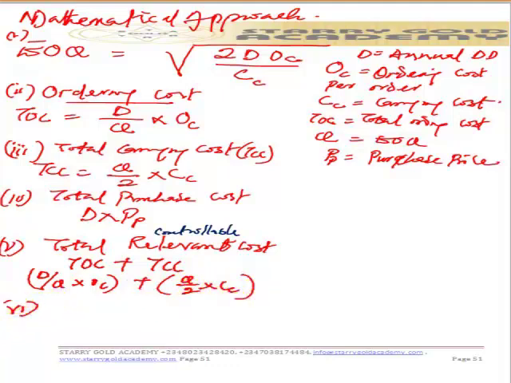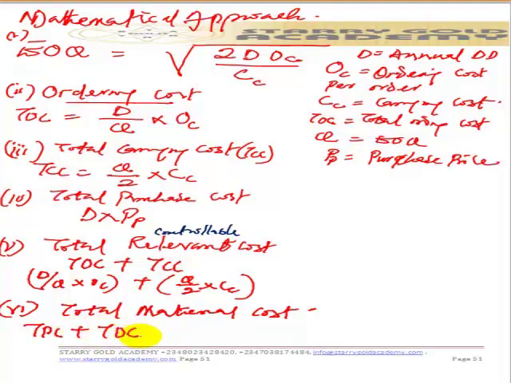And the last formula to discuss is total material cost. The total cost of material. In this case, we are not looking at what is controllable or non-controllable. We are looking at the total amount of money the company is going to expend, and that is going to be the total purchase cost of buying the material, total cost of making the order, plus total cost of keeping the materials in the store.